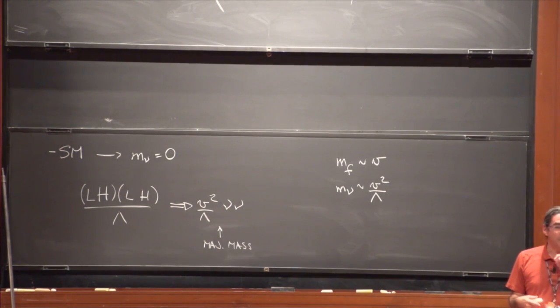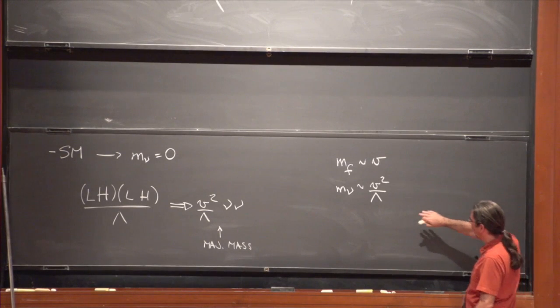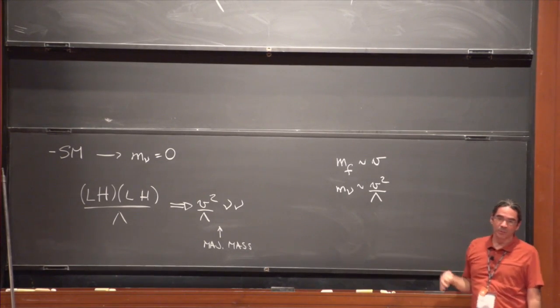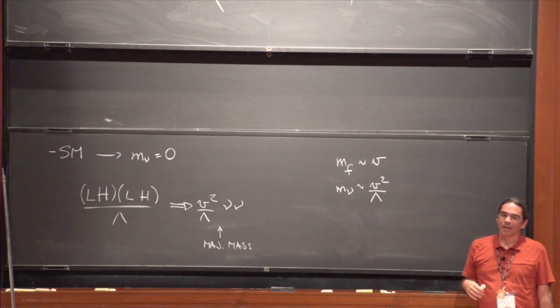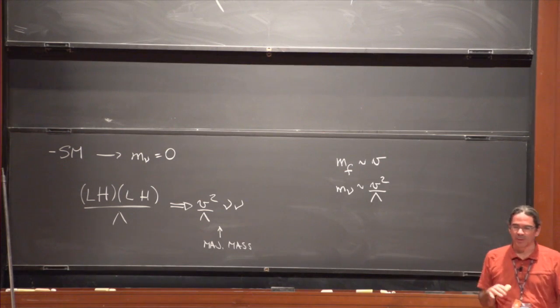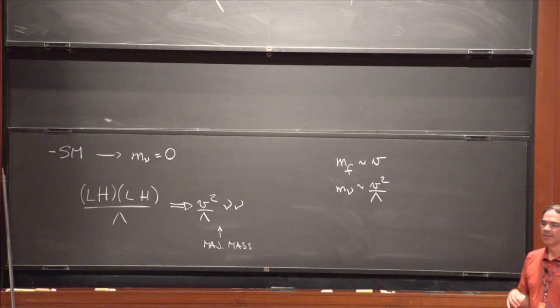They're actually very small if this effective scale lambda happens to be much bigger than the weak scale. And again, all of this is in Weinberg's paper in 1979. So you can say that he predicted that neutrino masses are not zero, neutrinos are Majorana fermions, and neutrino masses are very small. All of this happens to be true.